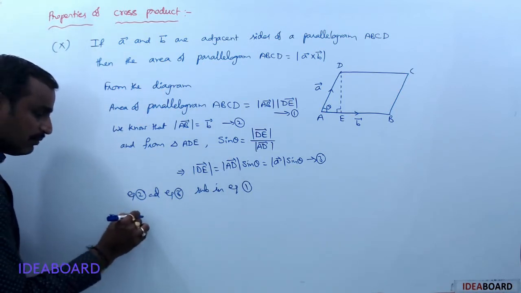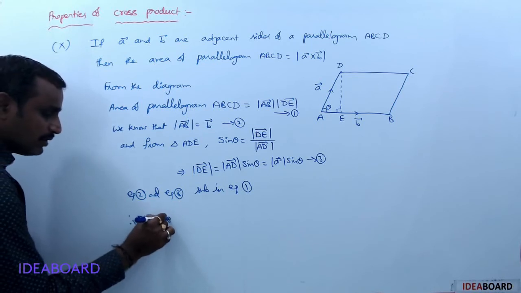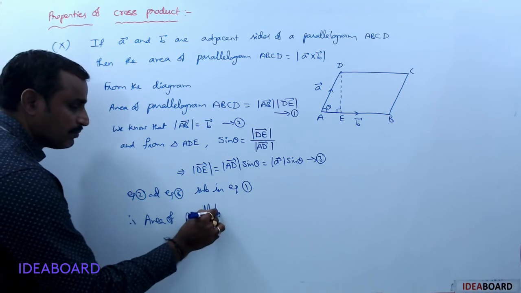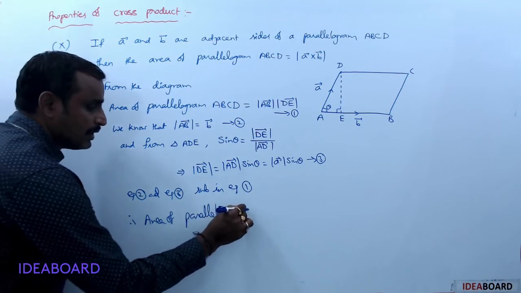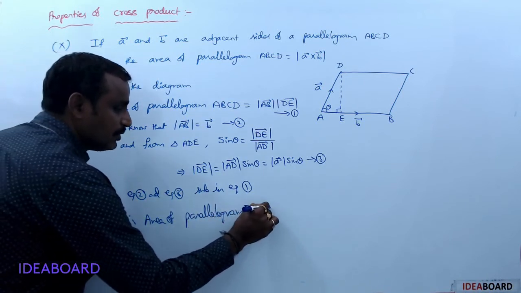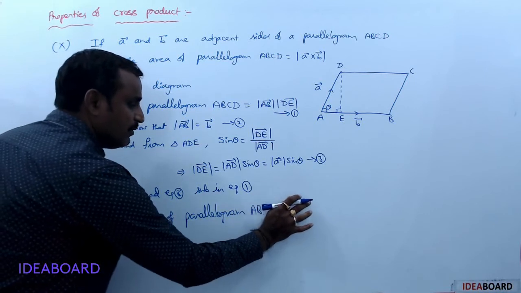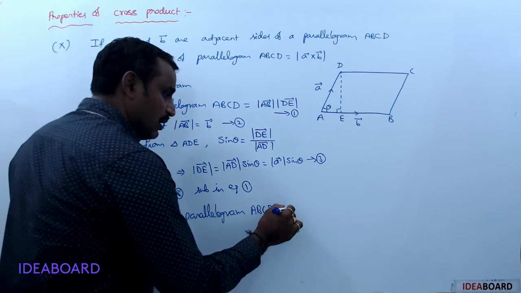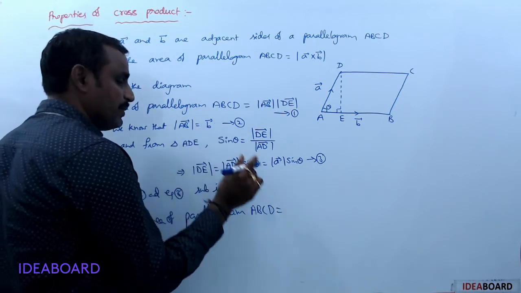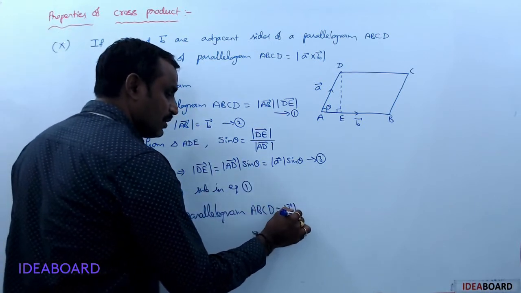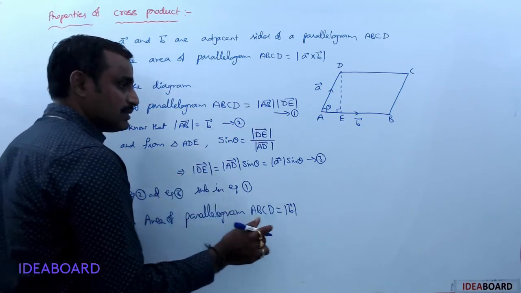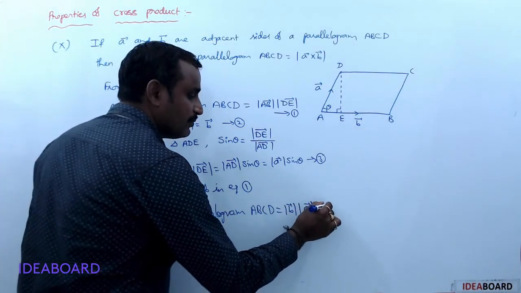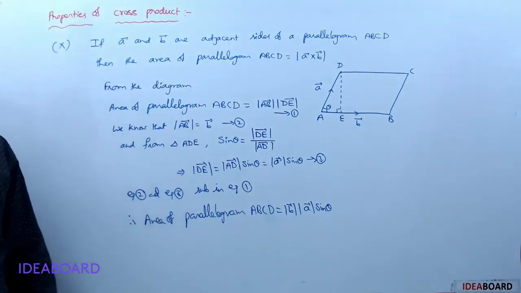Therefore area of parallelogram ABCD is equal to magnitude of AB bar value, which is magnitude of B bar, into magnitude of DE bar value, which is magnitude of A bar sin theta.